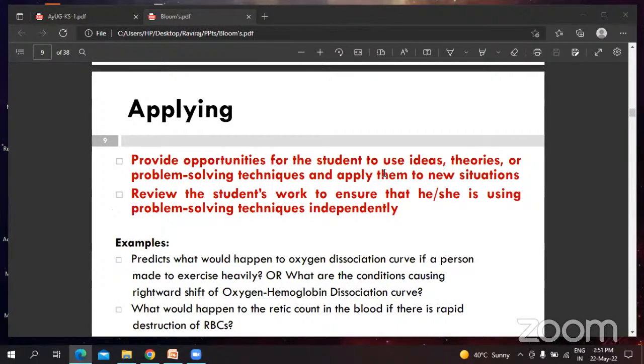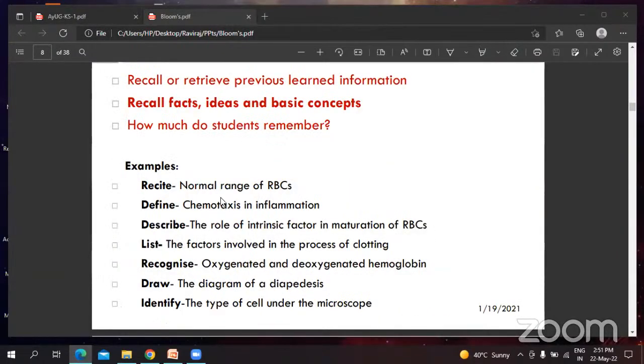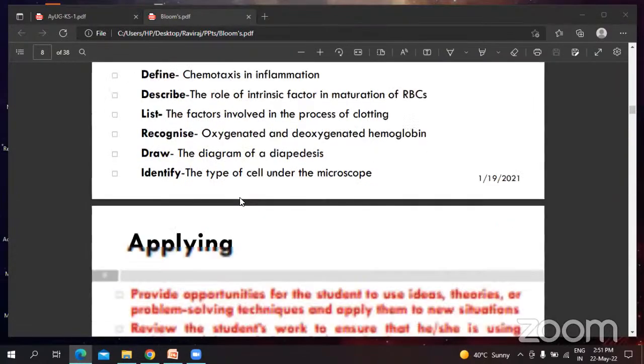Second level, which was the second level? Applying. Now, we know that the normal range of RBC is a certain XYZ, right? We know that this type of cell is seen under the microscope. But what is the use of this information?